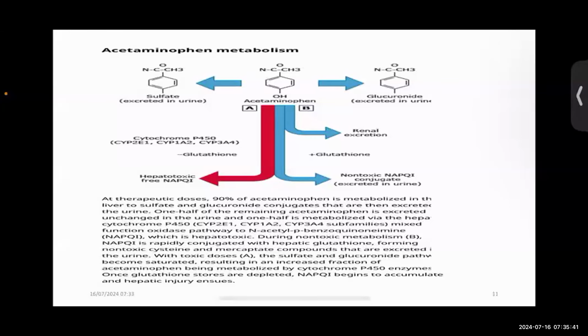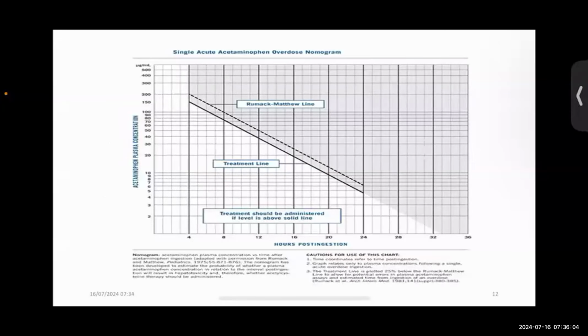It's quite important, and also of benefit, even for those on cytochrome P450 inhibitor drugs. That's why when we have very severe acetaminophen levels, especially greater than 10,000, there's even need for fomepizole, to counteract this effect and stop the cytochrome P450 from converting the acetaminophen to the toxic NAPQI.